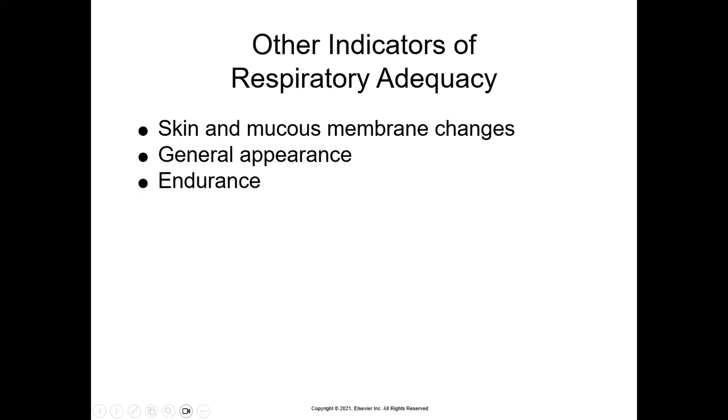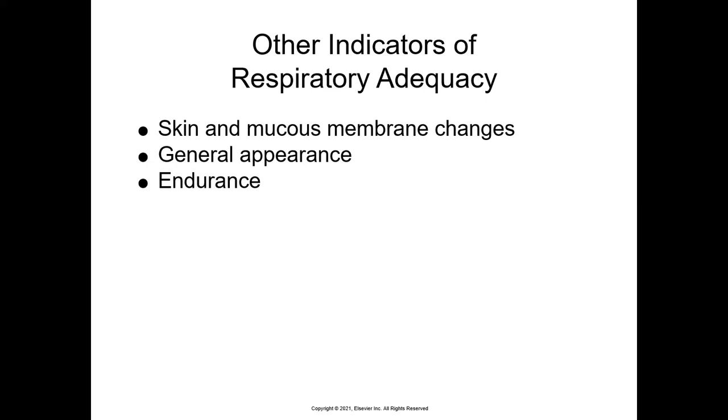So, other indicators of making sure that respiration is adequate is looking at your patient's skin color. If a patient's respiration isn't adequate, first they will have some changes within the skin. The skin will get very pale, and then eventually it will get a gray hue to it, potentially a blue hue to it as well.